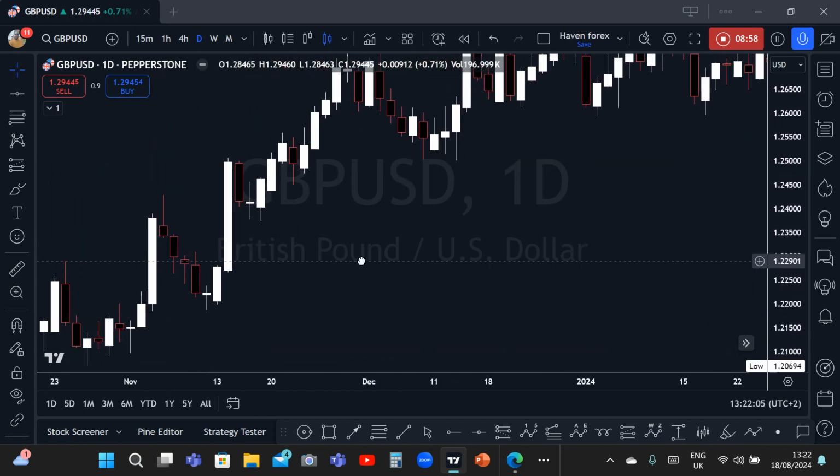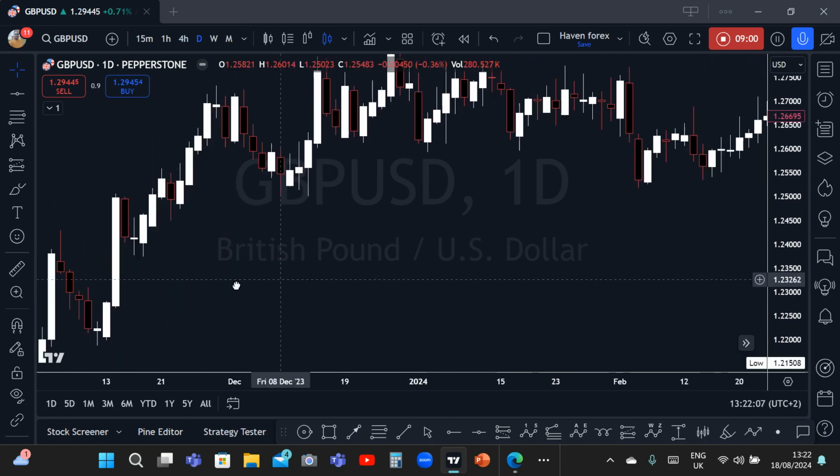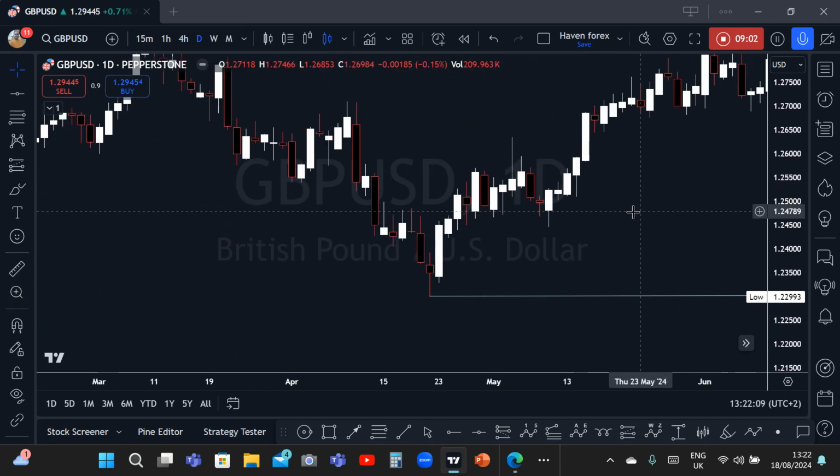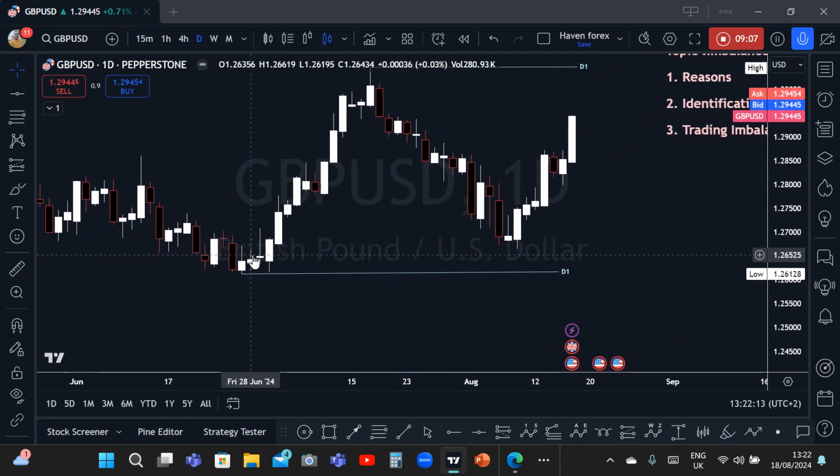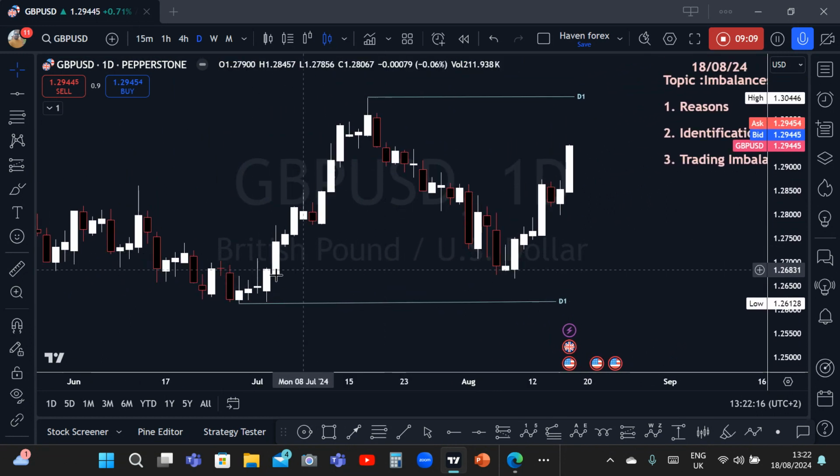So that is just it, guys. It's a very simple thing to identify. You can even see, apart from that, when you see a very swift and rapid movement up, bullish candle, bullish candle, bullish candle, like that up to this moment.